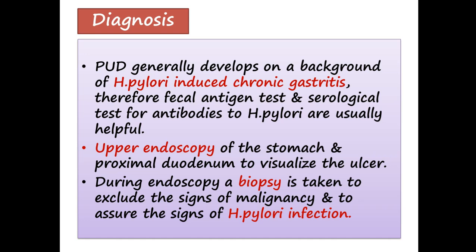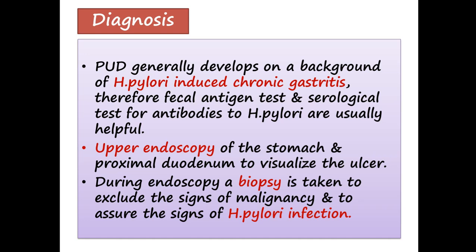For this, we can use the fecal matter of the patient to test for the bacterial antigen. We can also use serological tests in which antibodies to H. pylori are detected, and other tests, for example, the urea breath test.